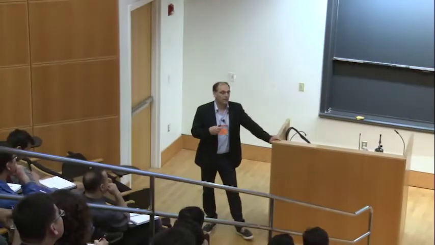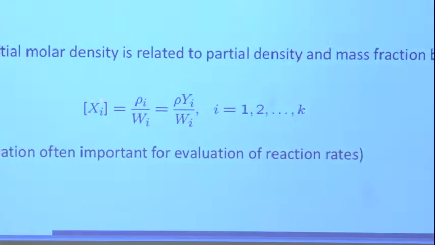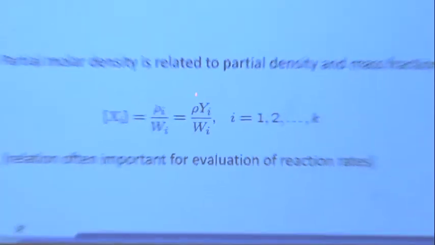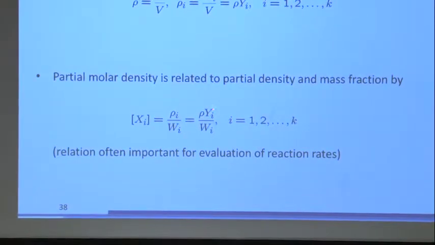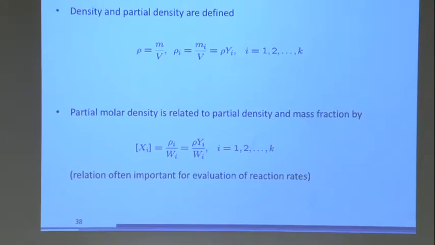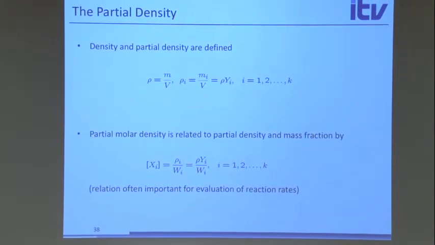The chemical source term is proportional to concentration, and this relation here tells you how to relate concentrations to mass fractions. So the concentration is density times the mass fraction divided by the molecular weight. That's also an important relation, keep it in mind.